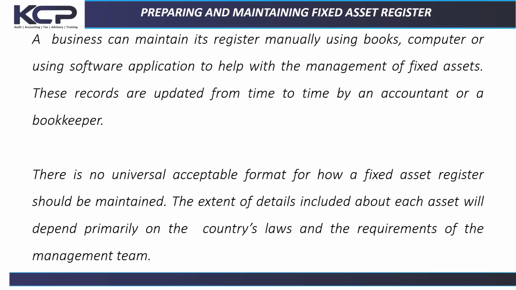These records are updated from time to time by the accountant or bookkeeper. There is no universally acceptable format for how a fixed asset register should be maintained. The extent of details included about each asset will depend primarily on the country's laws and the requirements of the management team. I believe this is clear.